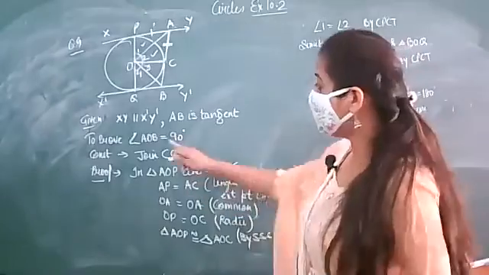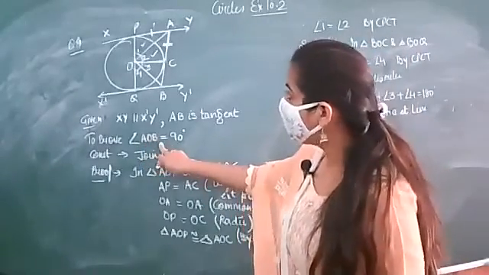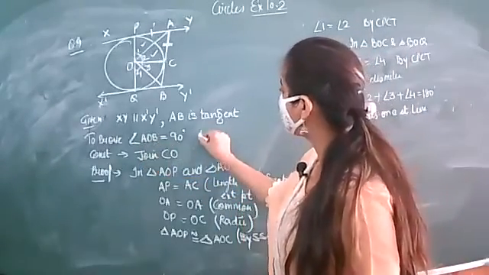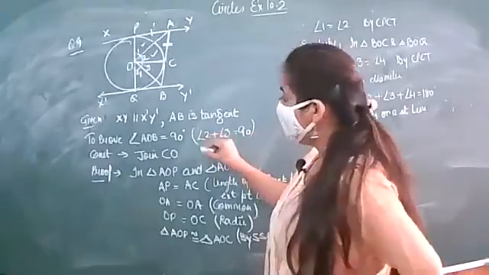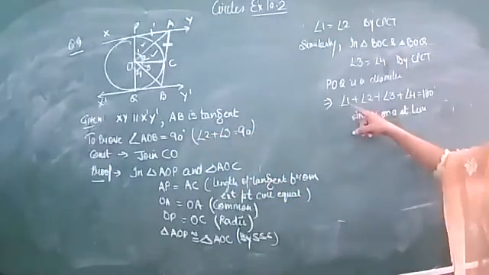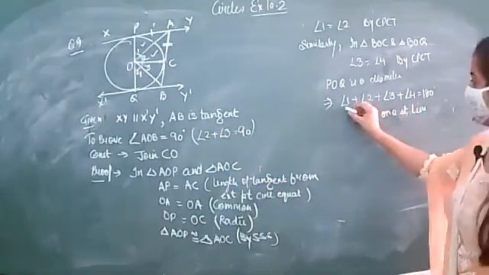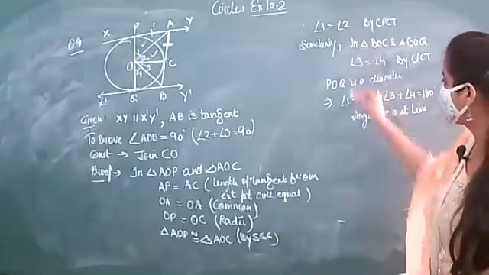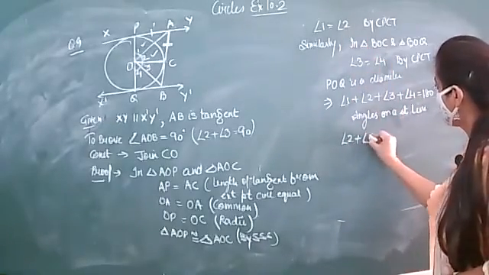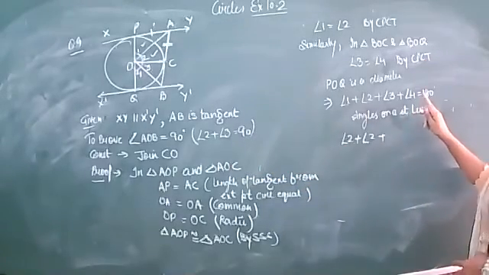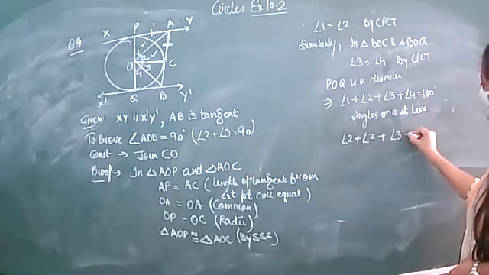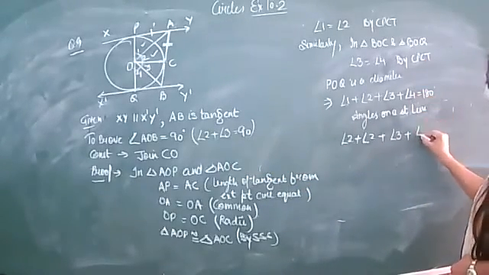Listen to me. Angle AOB is your angle 2 plus angle 3, which we want to show is 90. So I don't need angle 1 and angle 4. Let's replace angle 1 by angle 2, and replace angle 4 by angle 3.